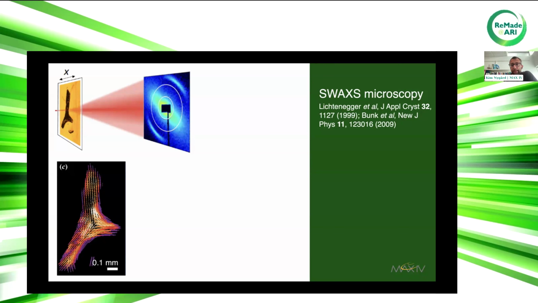So by mapping the direction of the anisotropy, the degree of anisotropy of the scattering, one can then map out how the collagens are preferentially oriented within the sample, as shown then on the bottom left. And then one gets both preferred orientation and degree of orientation in this case.